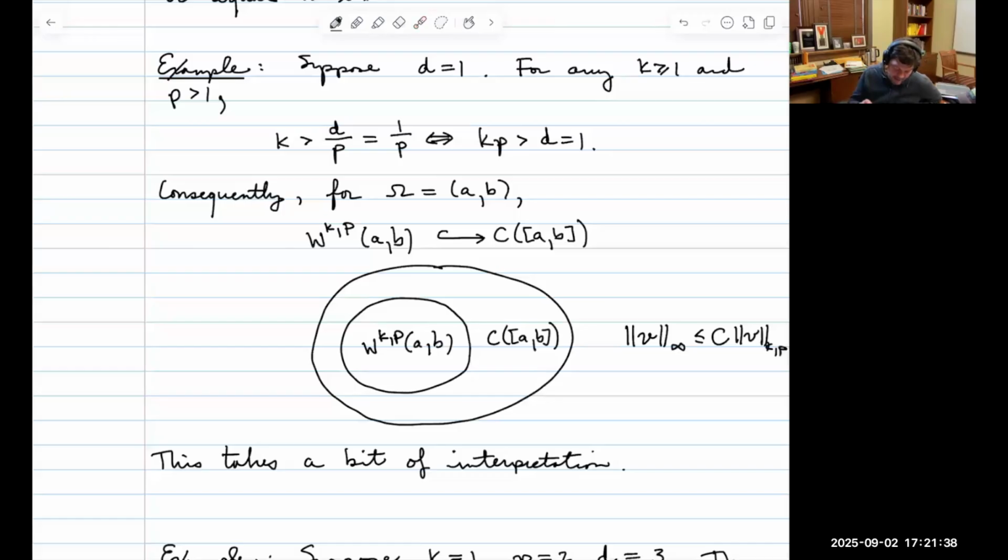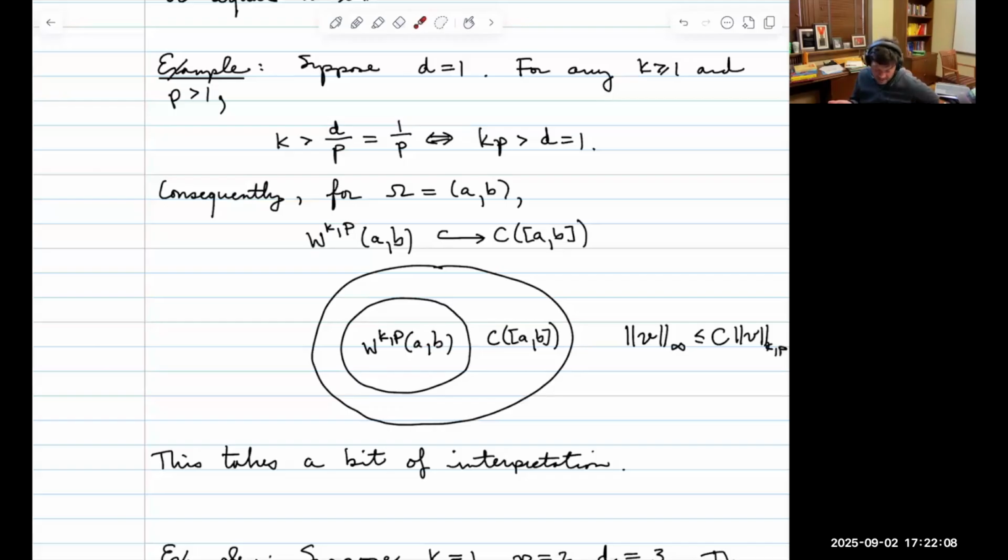That's why I say it takes a little bit of interpretation. If you know about L^p function spaces and you know this property about them, that you can change their definition on a set of measure zero without altering them in any essential way, then you might wonder how I'm going to make sense of the fact that these functions, which I can change here and there as I please, are actually going to be continuous functions.